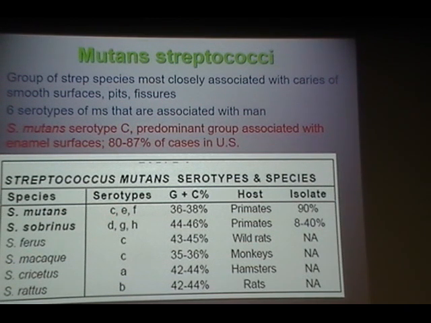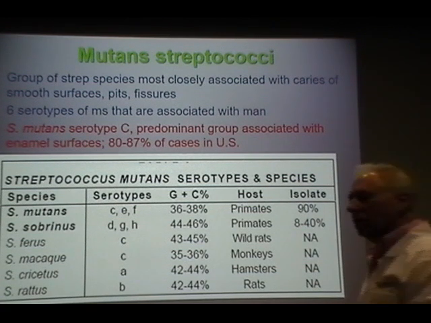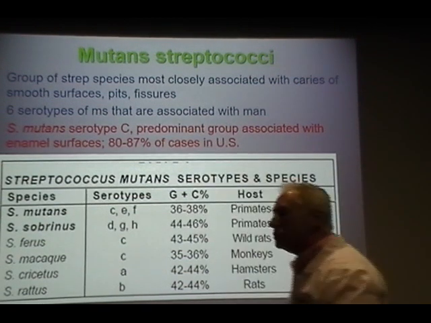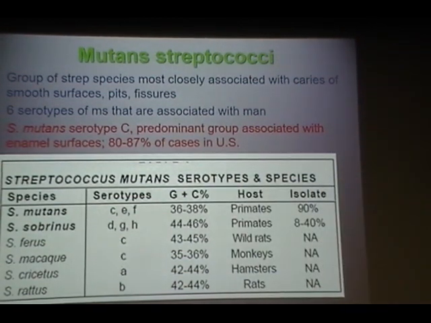Serotype C is the predominant group associated with enamel surfaces. Greater than 80% of children who present with caries present with serotype C, strep mutans. All right? Now these guys are found in rats, monkeys, hamsters. There's another one in rats. These are great animals to study because they have indigenous forms of cariogenic bacteria similar to strep mutans.